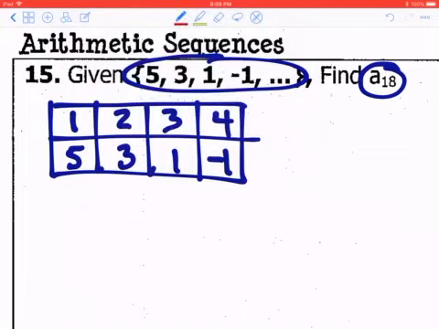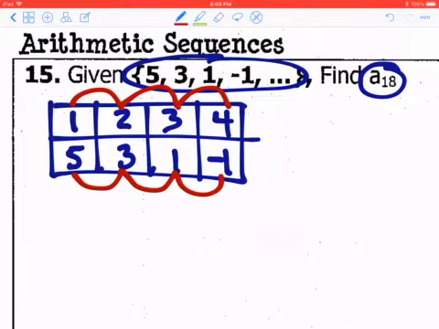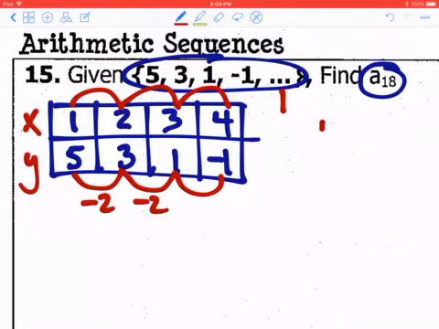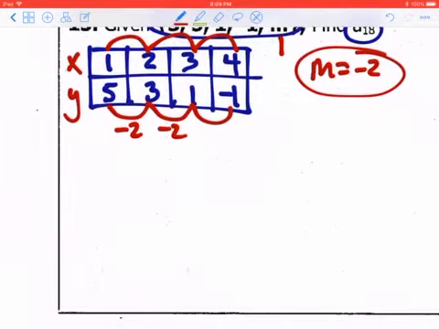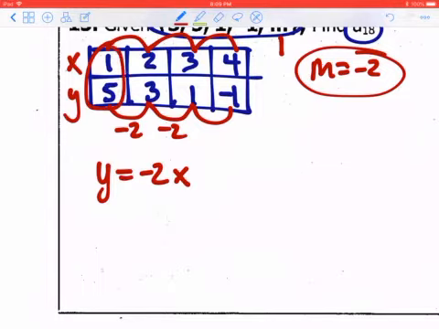Knowing that, I can put this in the calculator, create an equation. I know that my x changed by 1, my y changed by minus 2, so my slope is negative 2. Then if I do that, then I know that y equals negative 2x, and I can substitute one of these, so I'll substitute this one.